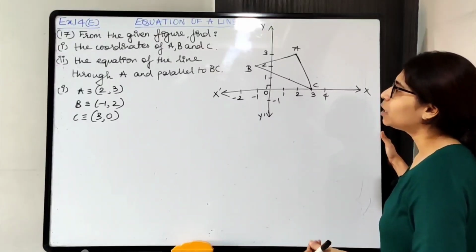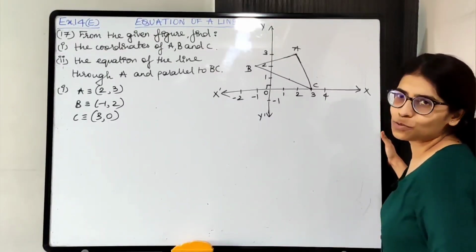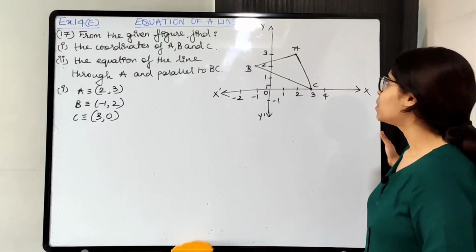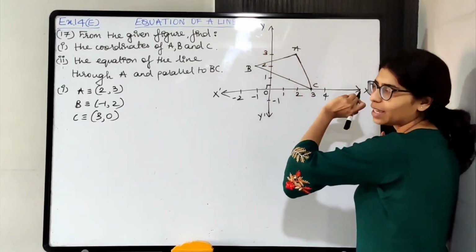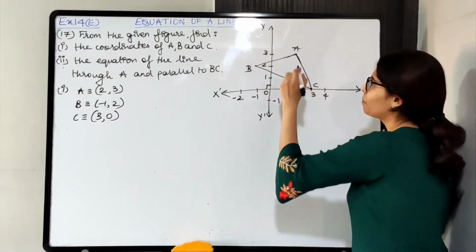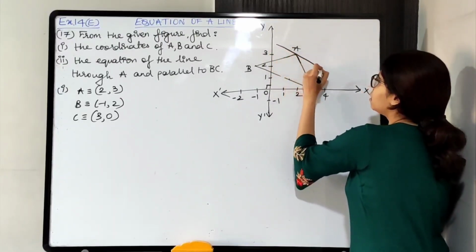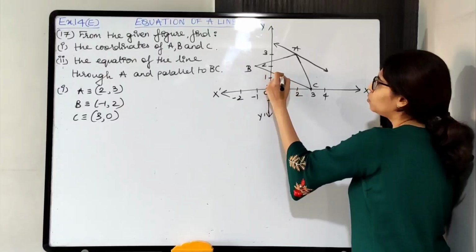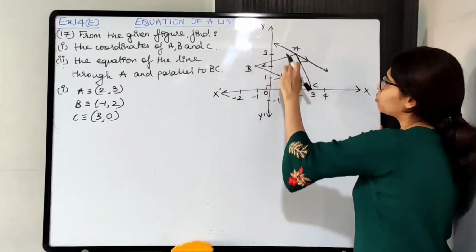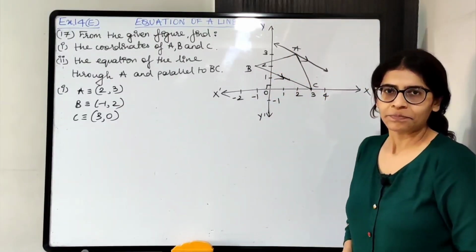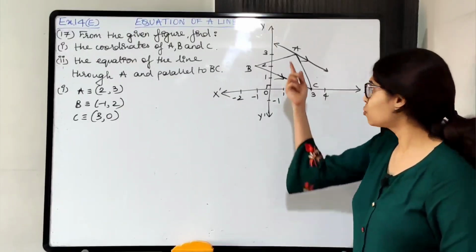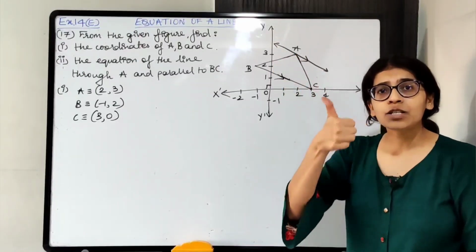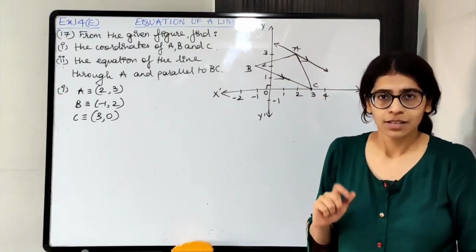Second part, the equation of the line through A and parallel to BC. We have to find the equation of a line which is passing through A and BC से parallel है. A line passing through A and parallel to BC. So दोनों parallel lines है. To find the equation of this line, I need slope and 1 point का coordinates है ना.